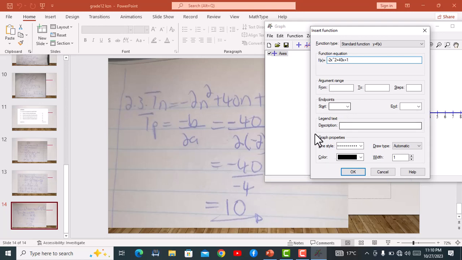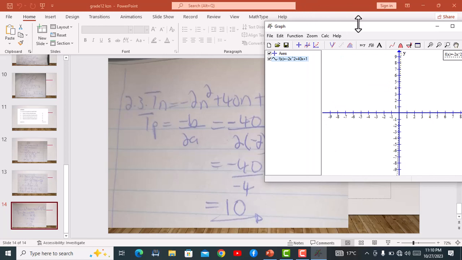Sorry, plus 1. Okay, let me just start by showing this and show the end with this. Let me just have an interval of -10 to +10. I just want to show you something here.